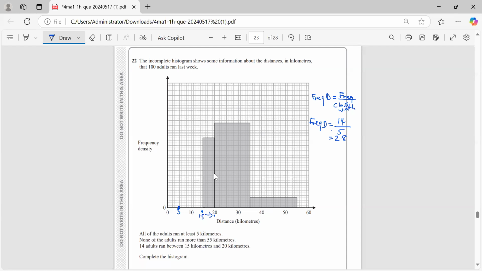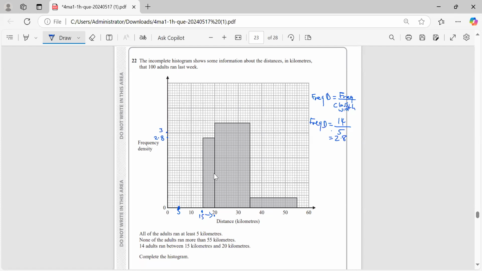So that shows you that the height of this bar is 2.8. We can now safely come up with the scale of these values here. If this is 2.8, this is actually 3.